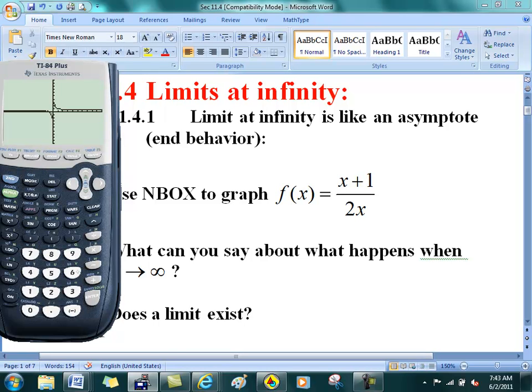Okay, can everybody answer the question? What can you say about what happens when x goes to infinity? Does y go to infinity? Do you have a calculator there? You need a calculator. Well, I bet you didn't use protection properly. The 2x is probably not in protection.